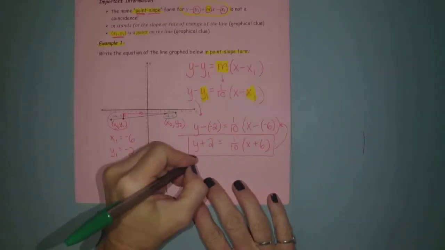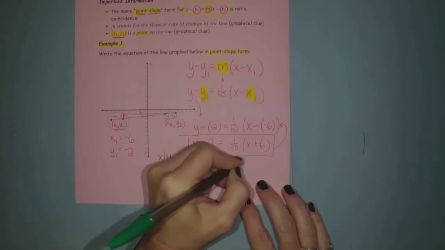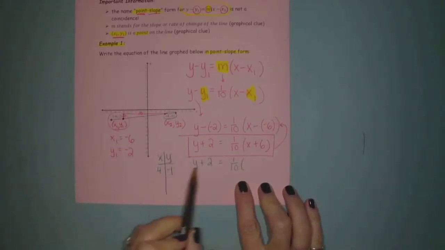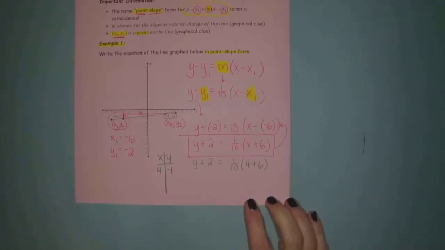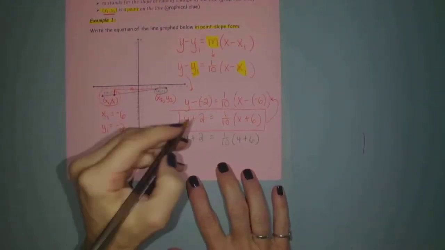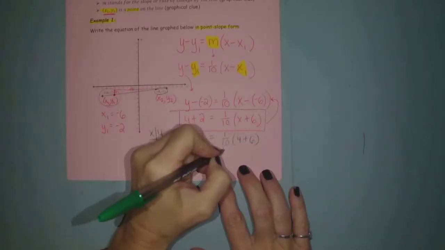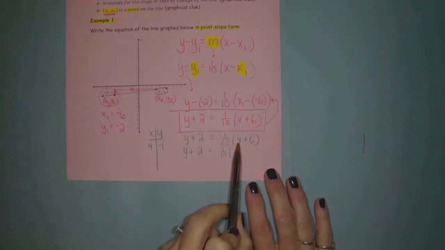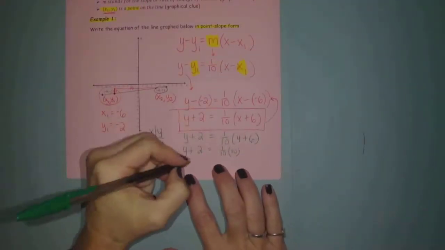So let's do y plus 2 is equal to 1/10 times, here we go, 4 is going in for x, 4 plus 6. Okay, let's keep solving. Y plus 2 equals 1/10 times, well, 4 plus 6 is 10. Keep going.